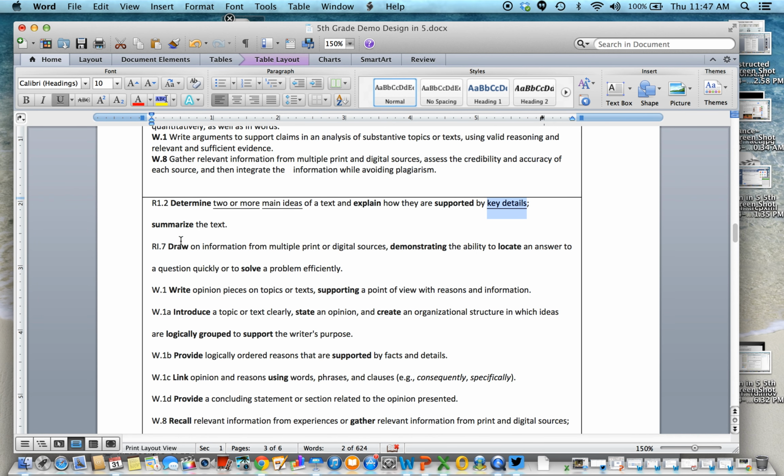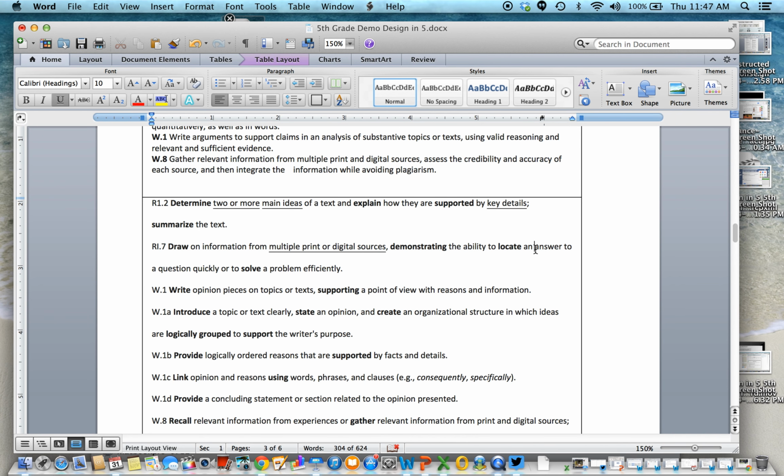And of course, the notion of text is important, but I think we'll leave that for now. Okay, draw on information from multiple print or digital sources. This is important: it's multiple print or digital sources. So we know we have to have more than one in this particular case. So students are going to have to be navigating, synthesizing and determining main ideas from multiple texts.